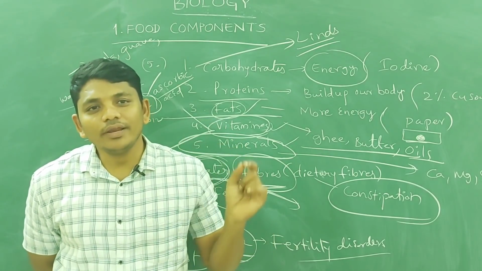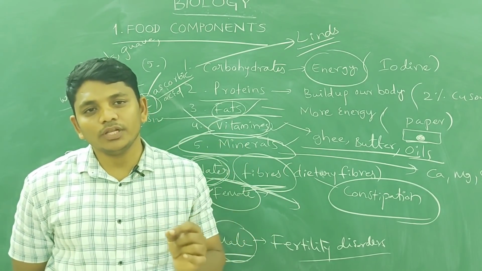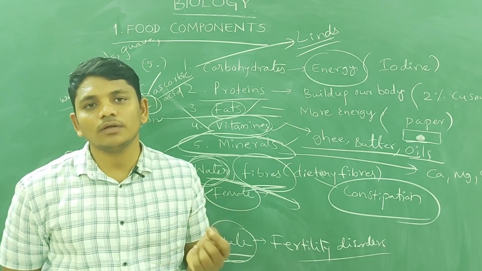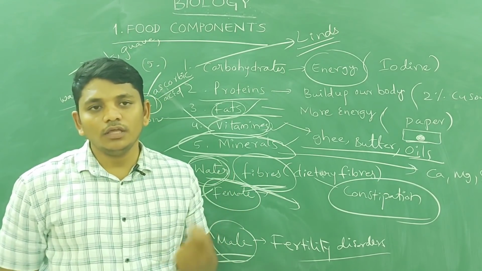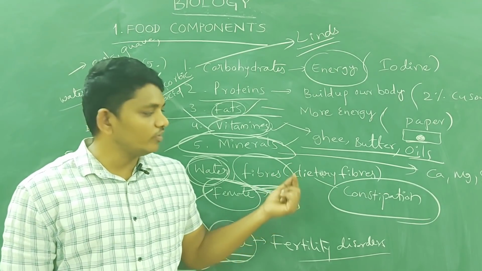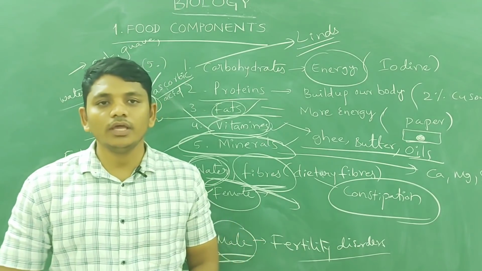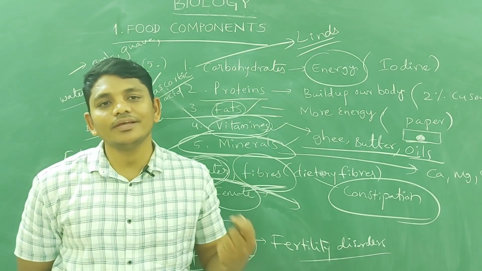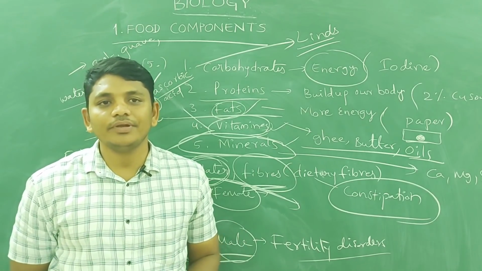So if we are eating any food materials, we have to add some amount of dietary fibers. It gives us better digestion. If there is no adequate quantity of dietary fibers in our food, we will face constipation. If we have constipation, the food may not be digested in our alimentary canal.